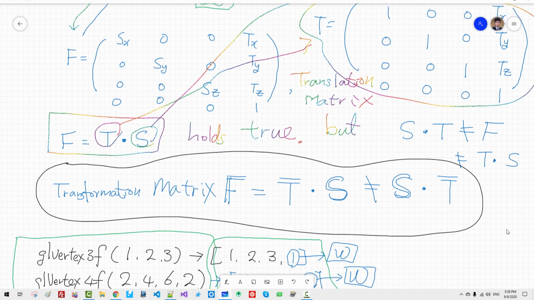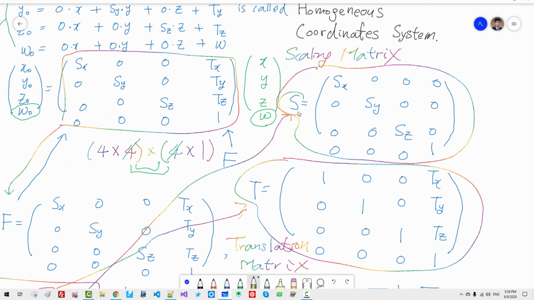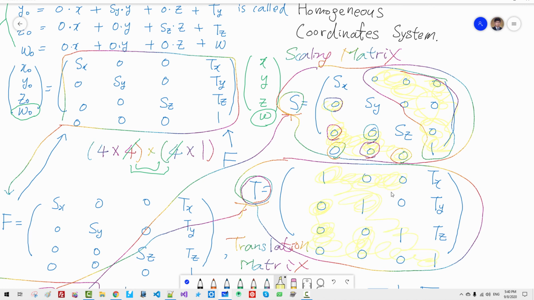Now scroll up. In this matrix, all these elements do not change. These elements are constant. In the same manner, in the translation matrix, these elements are constant.